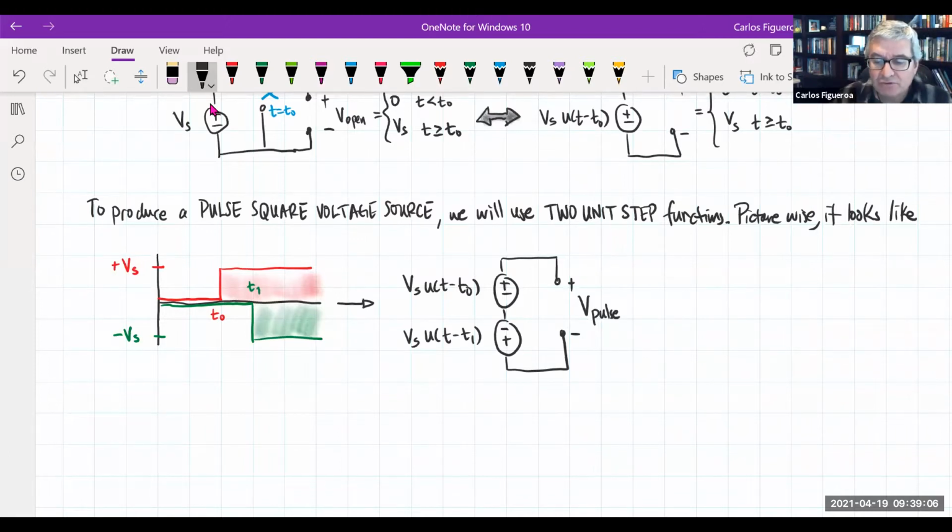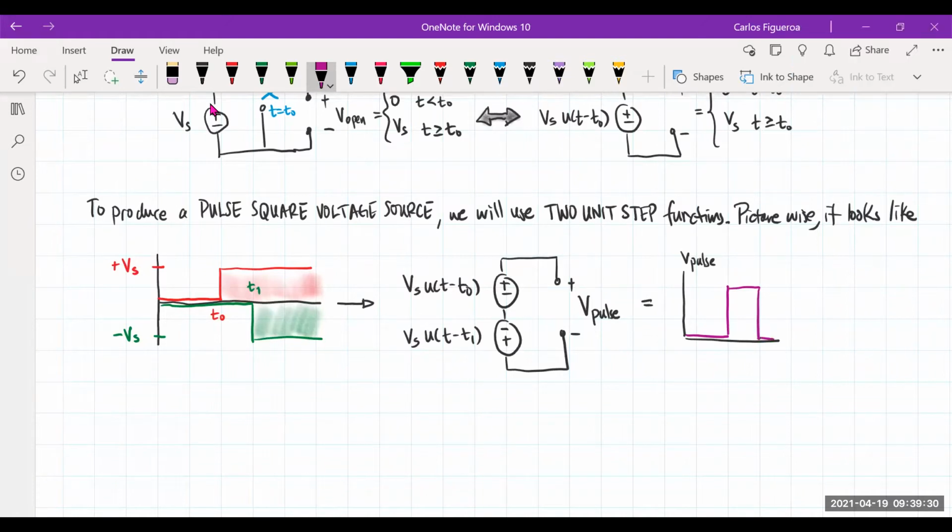So I have a pulse waveform. And the consequence of this picture then looks like this. So then I have my V pulse. It comes in, and what does it do? Well, it comes in, and at some point it turns on, and then it turns off.